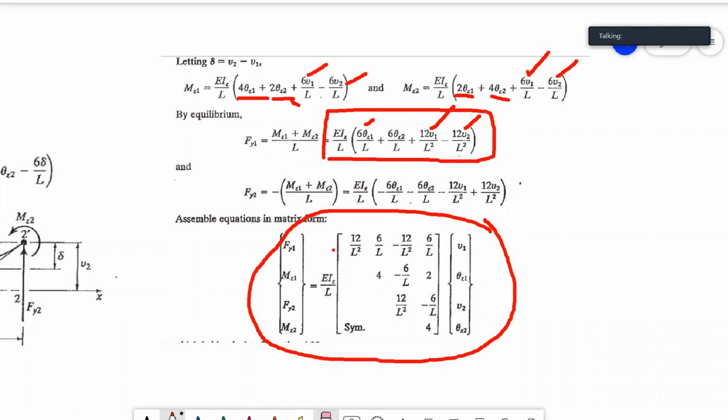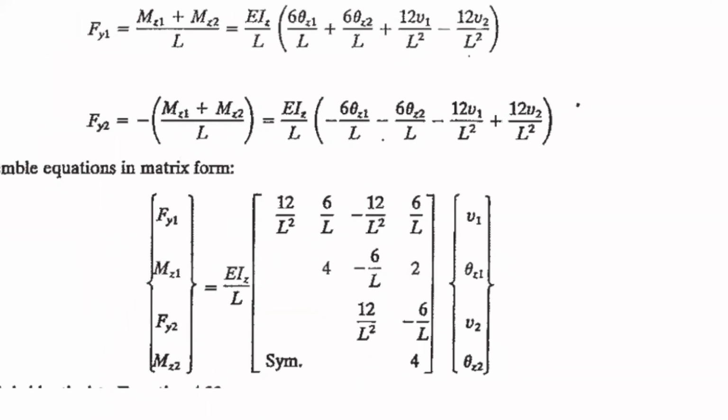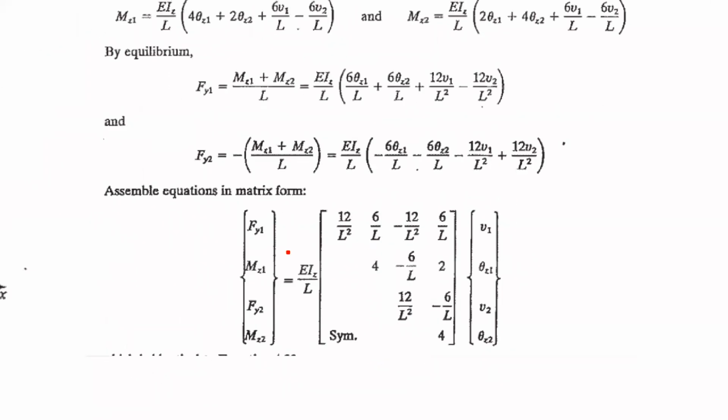For example, Fy1 in terms of V1 is 12 V1 over L squared, with EI over L here.